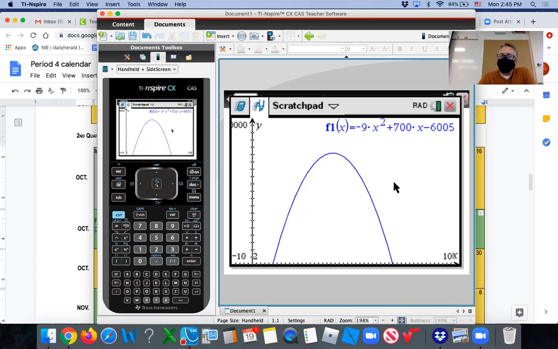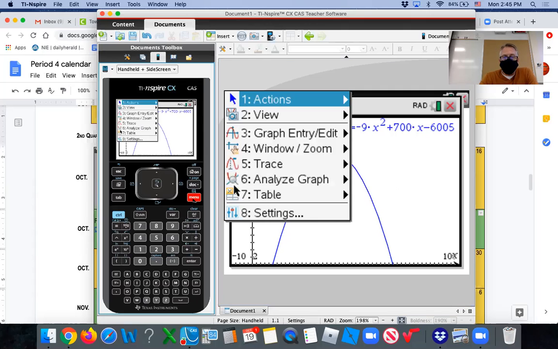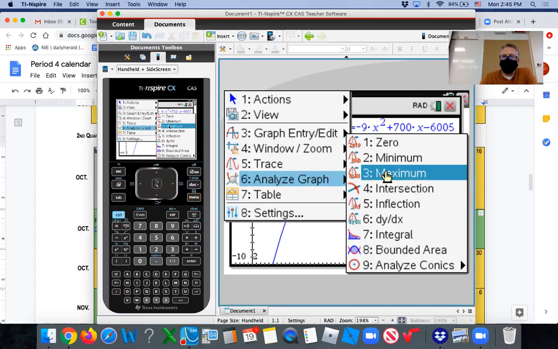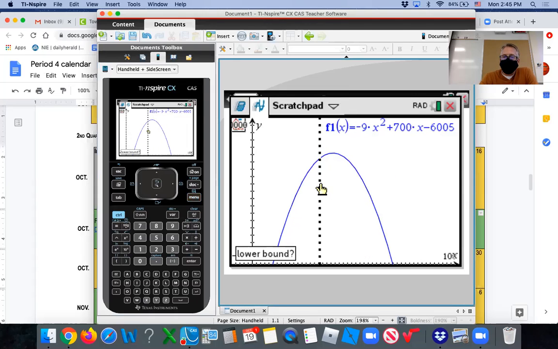All right, so again, this is our profit graph. So one question might be, well, what's the maximum profit? So of course, this maximum point would be an important one. So I could go under menu and analyze graph, find the maximum, and I have to go to the left of, I'm looking for the maximum.